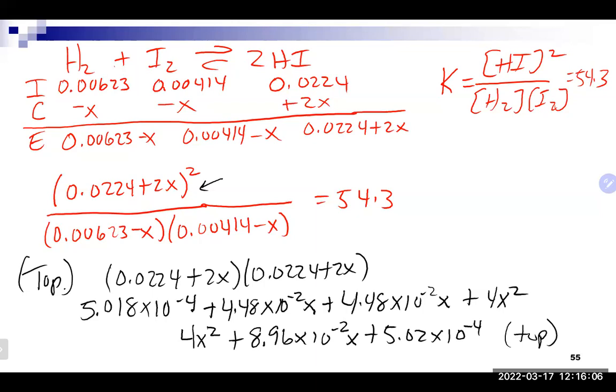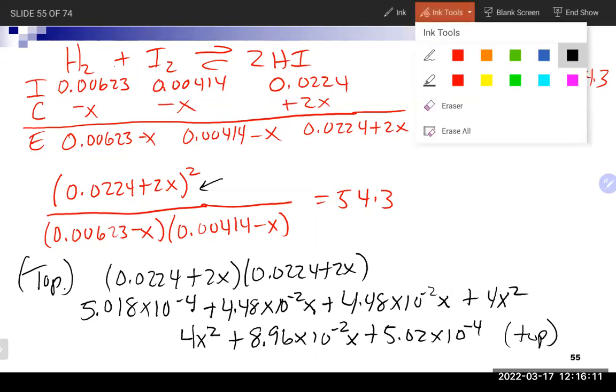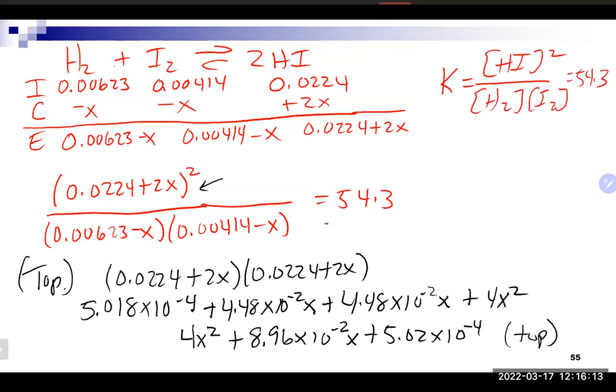All right, so we're going to then do the bottom. So we'll do this one in blue. Next we'll go to the bottom. I'm going to flip the page here to do that, since we've got more room to write. So this is the bottom. On the bottom there, we had 0.00623 minus x times 0.00414 minus x, again, in and out, in and out.